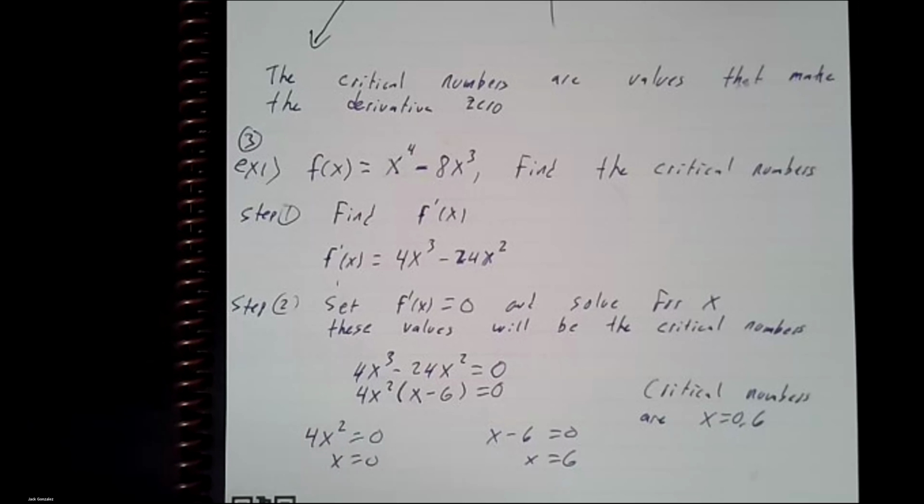Are there any questions on how to find them? That's pretty straightforward. So those values could be local minimums or maximums. Okay. So eventually we'll be using this idea here.